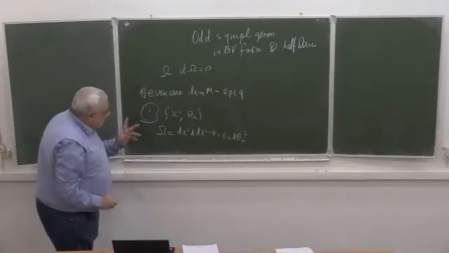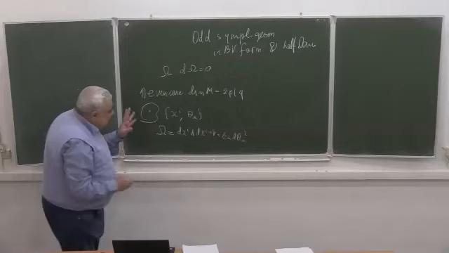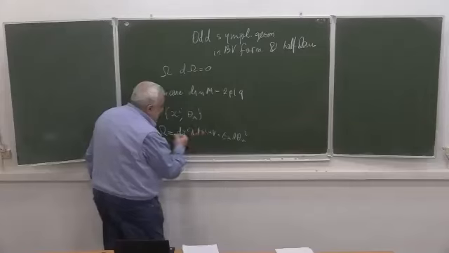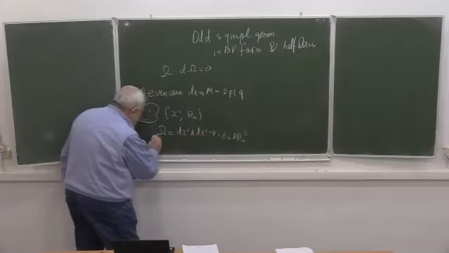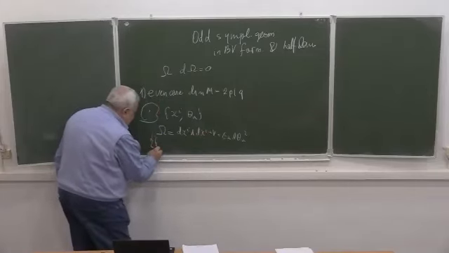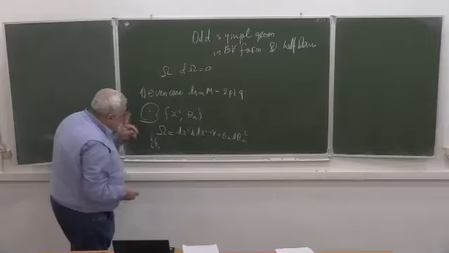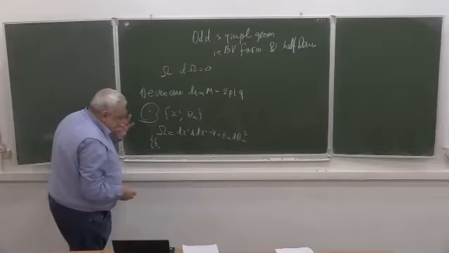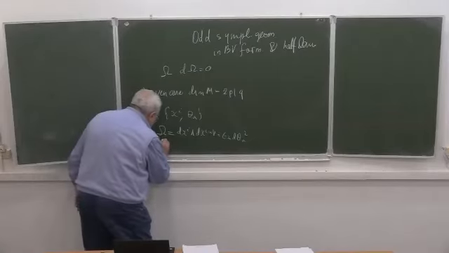Of course, I will not use the even form today, but I will write just the formula for the Poisson bracket corresponding to the even symplectic structure.